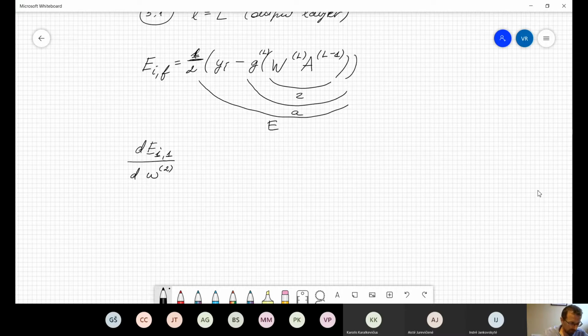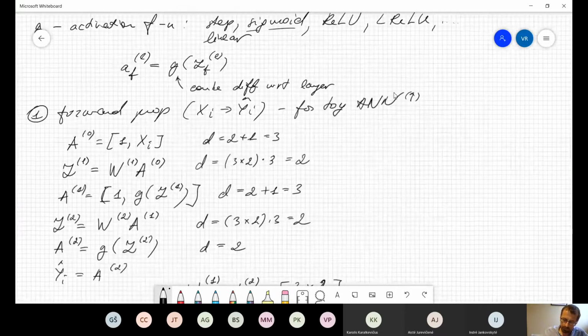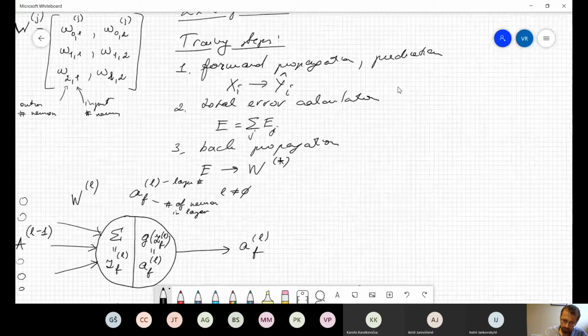This is the output layer because capital L equals 2 in our toy network. And let's take the 0 to 1. So we basically will try to backpropagate. Oh man, it's so far away. I need to copy it over.